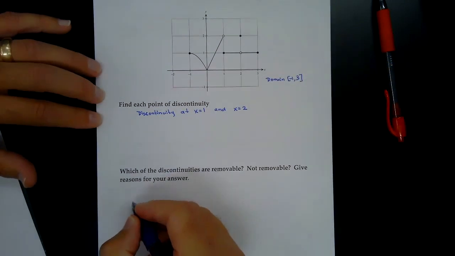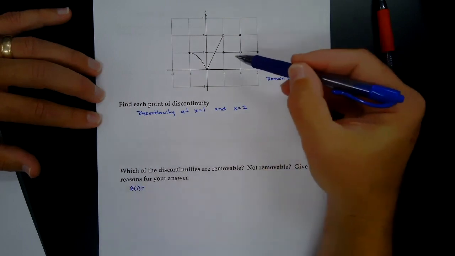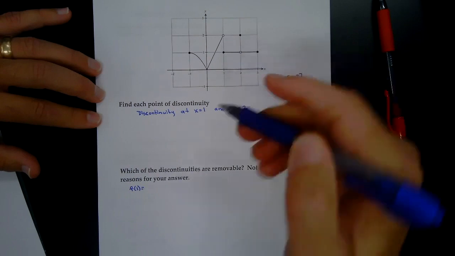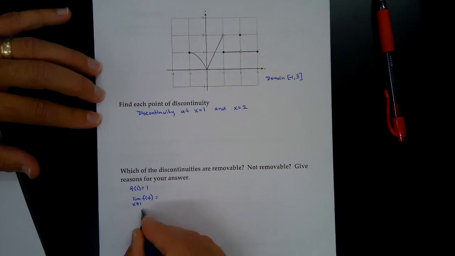All right, so here we go. f of 1 is equal to 1. Now the limit as x approaches 1 of f of x. To figure that one out, we have to do the limit as x approaches 1 from the left of f of x, and we also have to do the limit as x approaches 1 from the right of f of x.